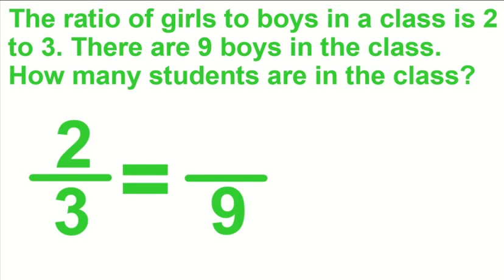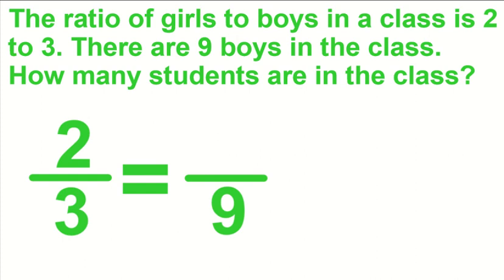All right, so this problem here. We got the ratio of girls to boys in the class is 2 to 3. There are 9 boys in the class, and the question asks how many students are in the class. So, if we look at this, put your hands down. It says the ratio of girls to boys is 2 to 3.